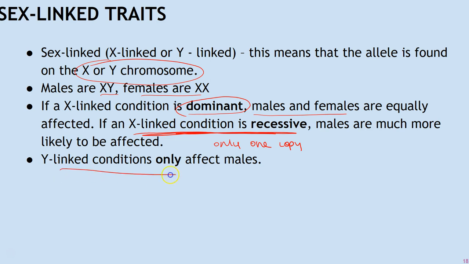Okay, and if it's Y-linked, then it can only affect males because females have no Y chromosome, so they can't be affected by it at all. Okay, because males have X and Y, they can be affected by X-linked conditions, but females can't be affected by Y-linked conditions.